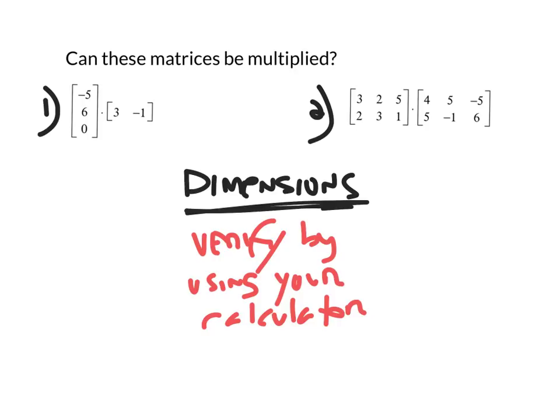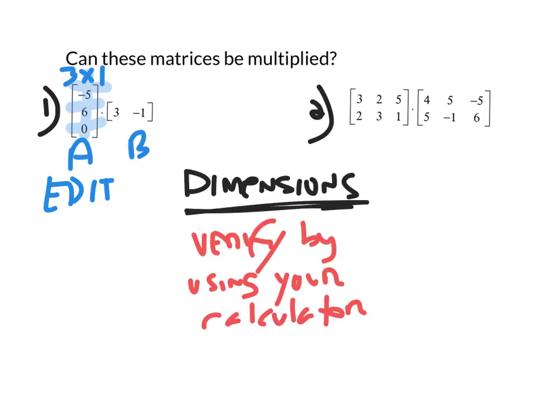You can either store the matrices into your matrix menu. The way you edit a matrix, if you want to let this first matrix be matrix A, all you do is you go back and you edit the matrix that you have there to match the matrix that's given to you. This first matrix, its dimensions are 3 rows and 1 column. So if you want to store matrix A into your calculator, you'd have to set up a 3 by 1 matrix.